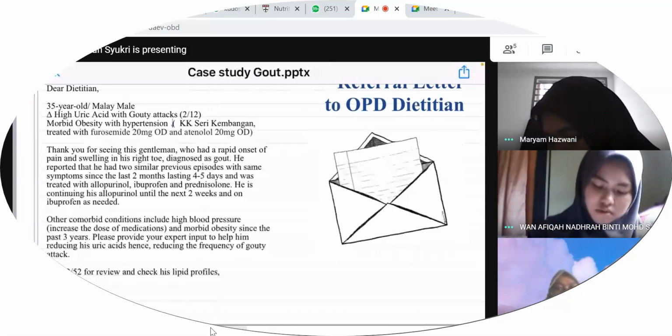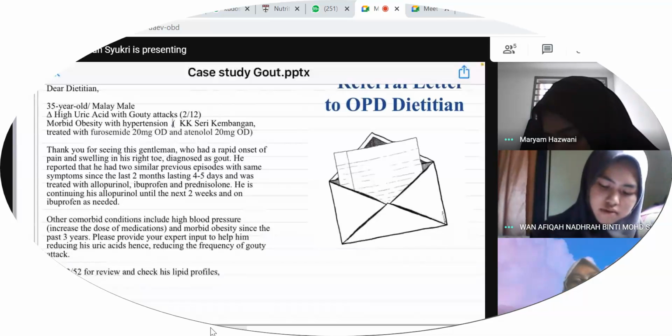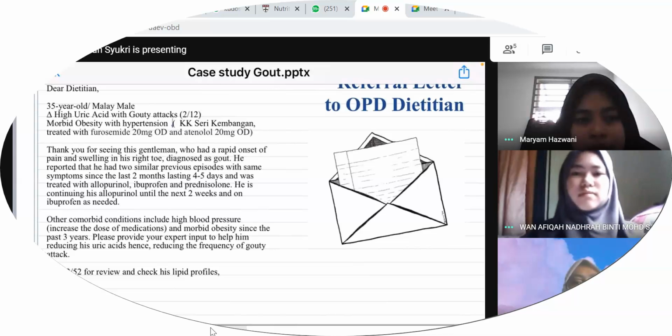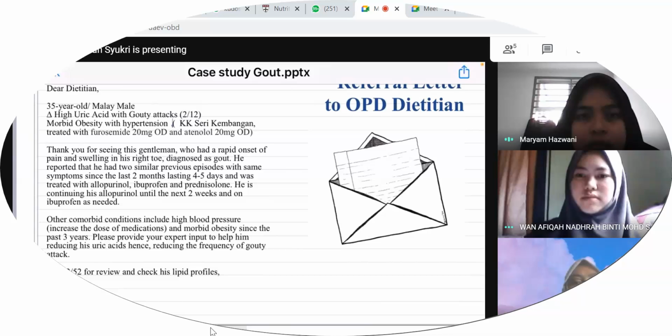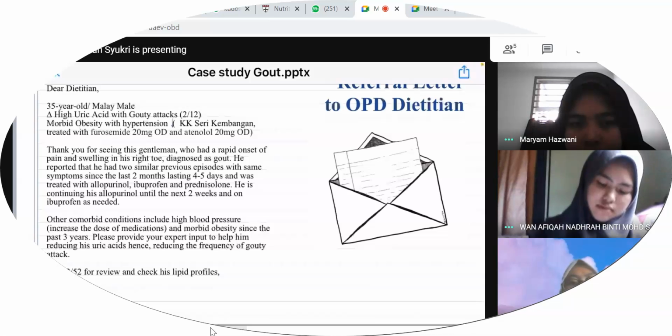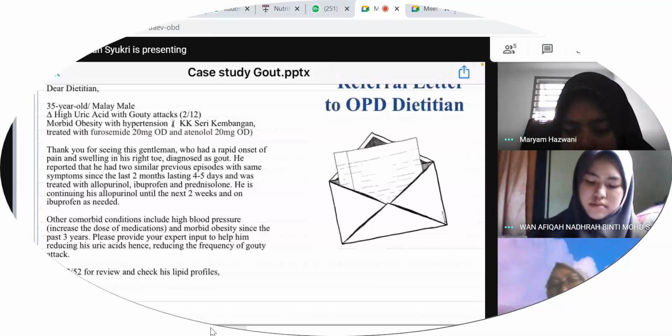It means the patient is well treated at the klinik kesihatan, treated with furosemide and atenolol. But maybe the blood pressure is increasing, though that is not related at the moment. It could be the blood pressure increased because of pain, since when there is not enough rest and he is in pain, BP can go up too. But the doctor increased the dose. But it's not your interest or priority at this point in time.